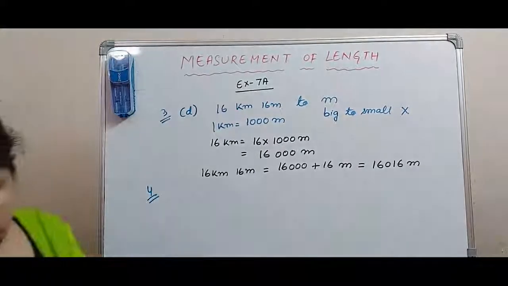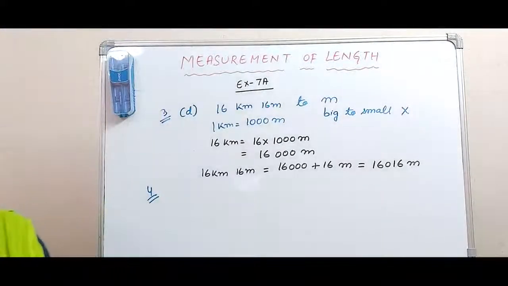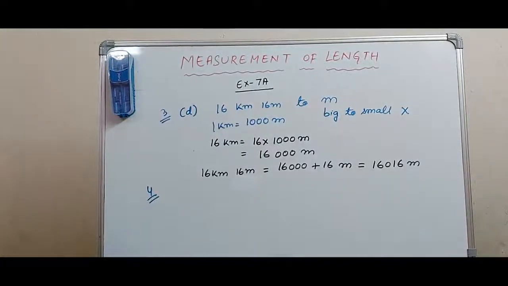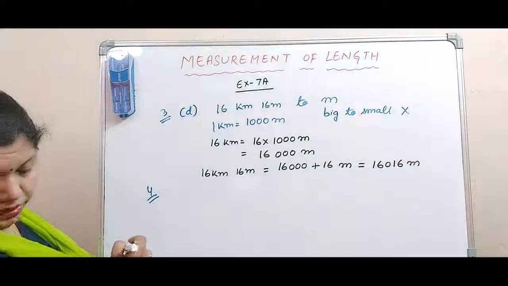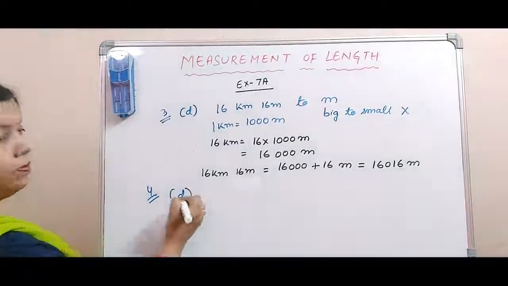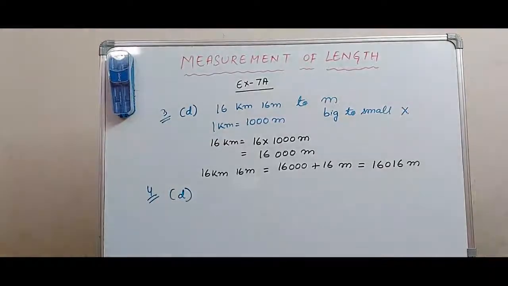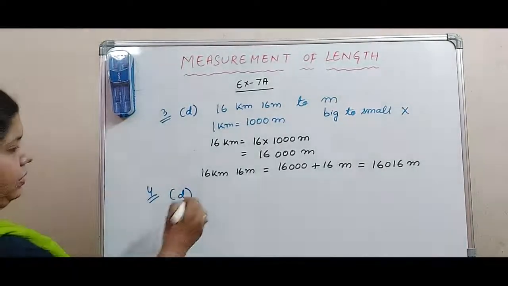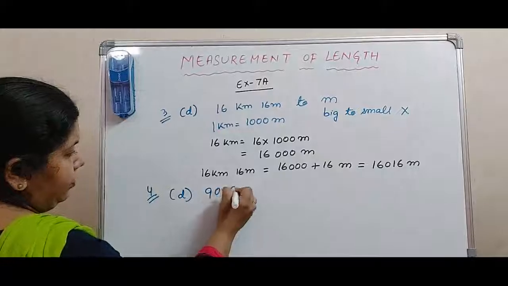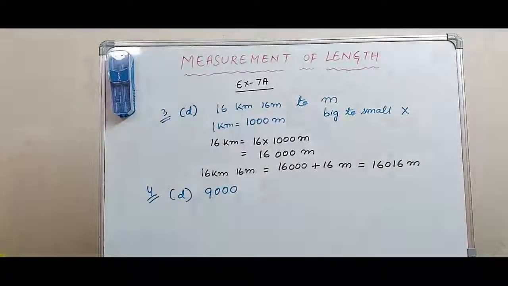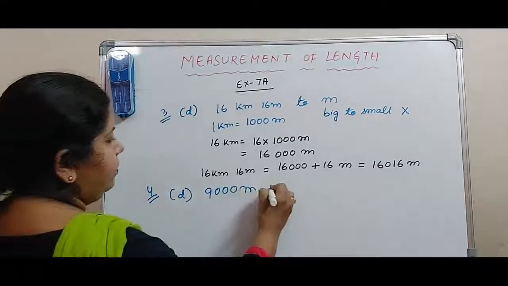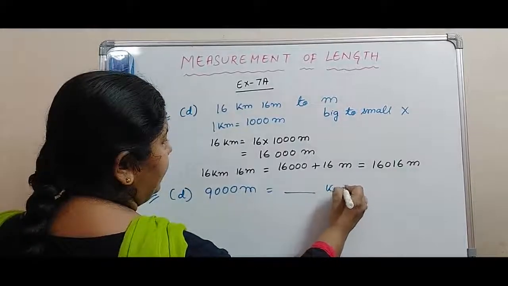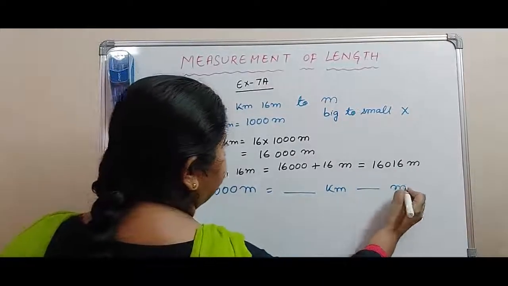Fill in the blanks just by writing the last 3 digits as meter and the remaining as kilometers. Okay, so the question is 4, I am doing bit D. 9,000 meter equal to dash kilometer and dash meter.